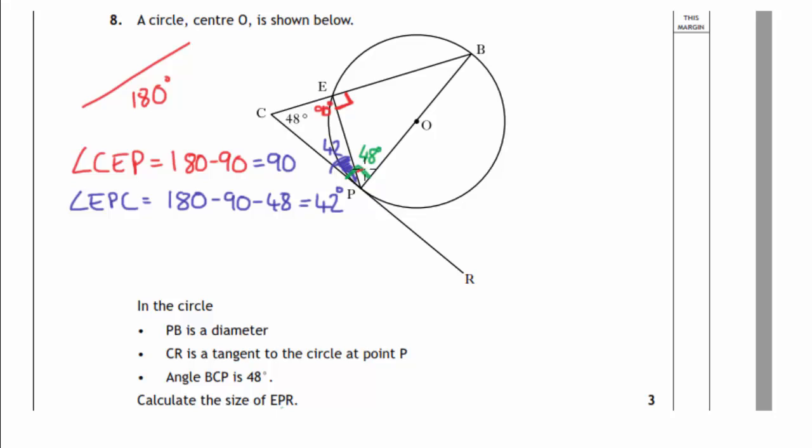We're looking for this angle. That's going to be a right angle as well. So this angle is going to be that 48 degrees plus the 90 degrees. So angle EPR equals 48 degrees plus 90 degrees, and that equals 138 degrees. So that's EPR: 138.